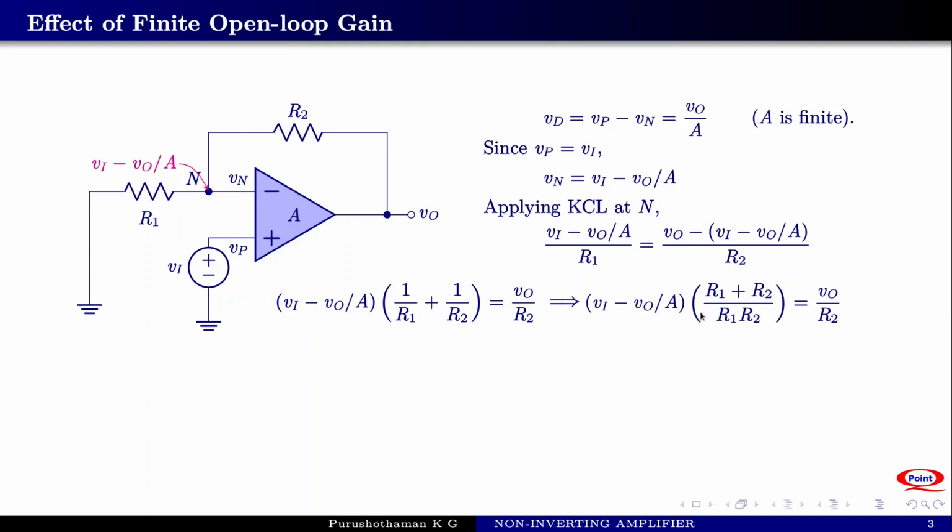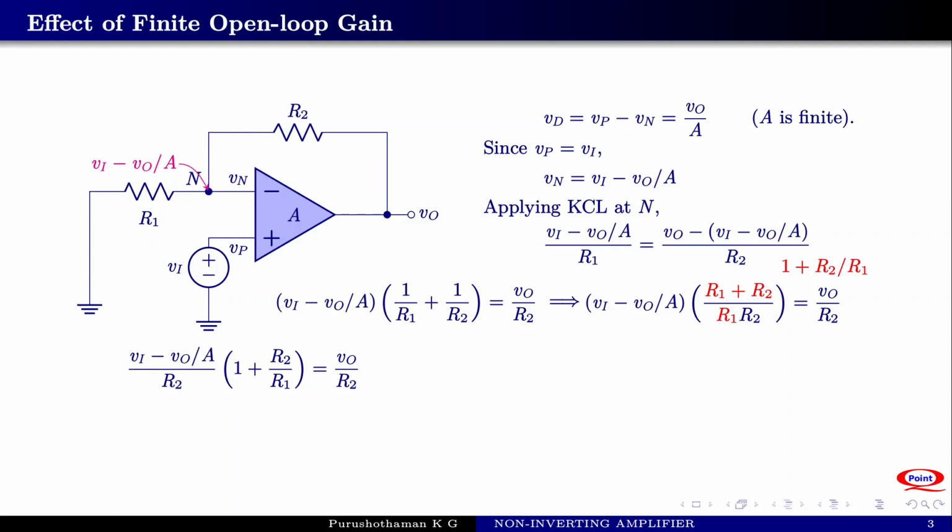Now (R1 plus R2) by R1 is equal to 1 plus R2 by R1. So if you take R2 outside the bracket, what is inside the bracket is 1 plus R2 by R1. So our expression now becomes (Vi minus Vo by A) by R2 into (1 plus R2 by R1) equal to Vo by R2.